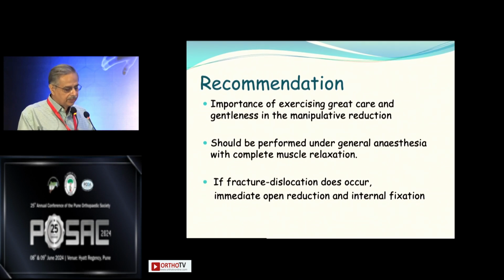So the recommendation that these people with the case report gave was that it is important to exercise great care and gentleness during manipulated reduction, and it should be done preferably under general anesthesia to prevent this situation from occurring. And if it does occur, you would require an open reduction and internal fixation.